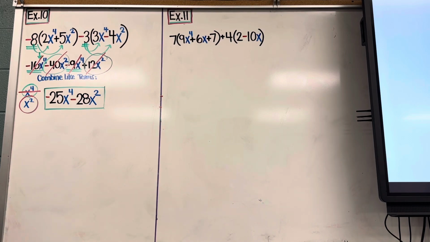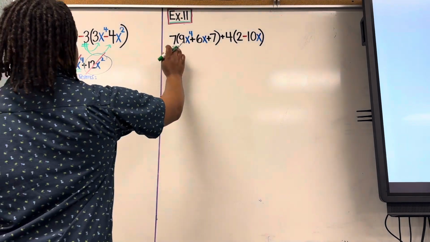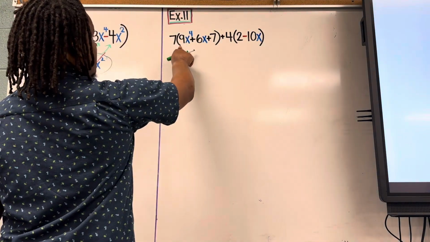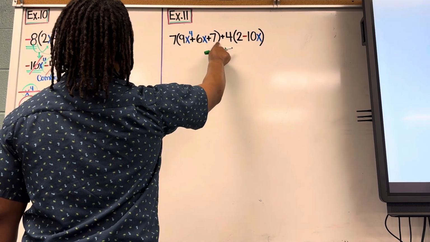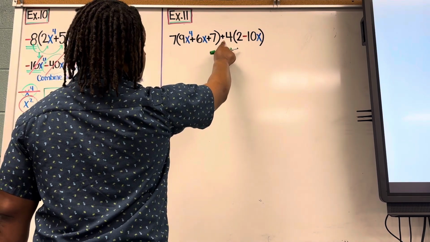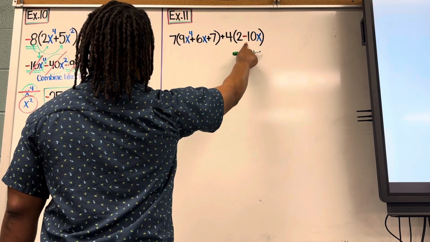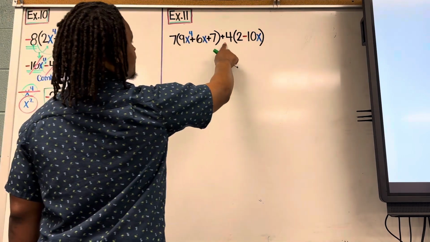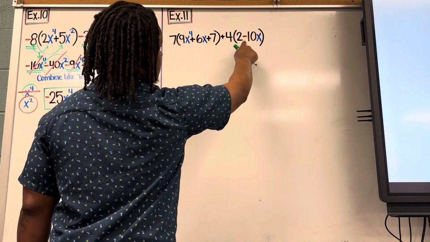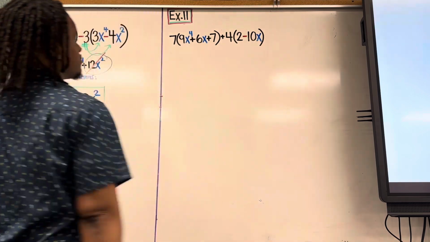Okay? Now I'm going to do the same thing over here for example 11. I have 7 times parentheses 9x to the fourth power plus 6x plus 7, parentheses close, plus 4 times parentheses 2 minus 10x, parentheses close, okay?